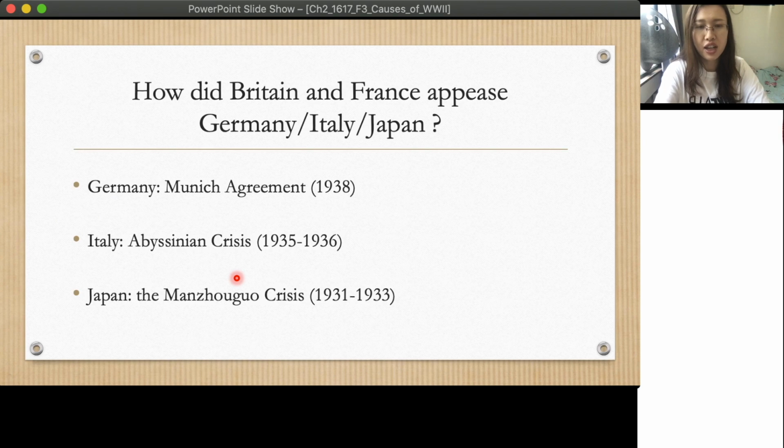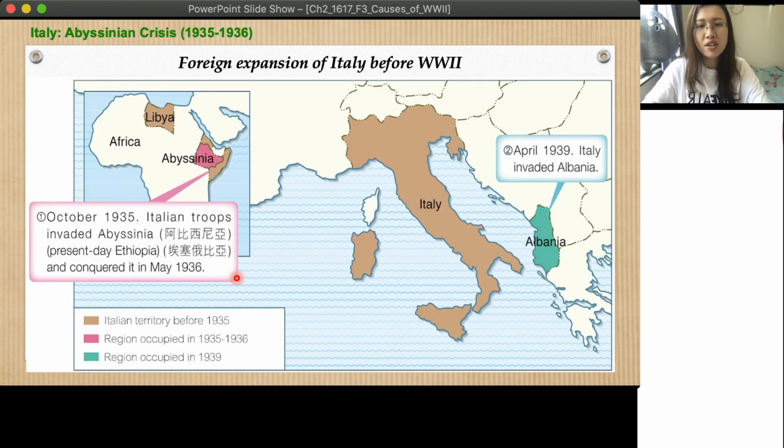So next, for Italy, the Abyssinian Crisis. When Italy sent their troops to invade Abyssinia, Abyssinia directly called Britain and France for help.